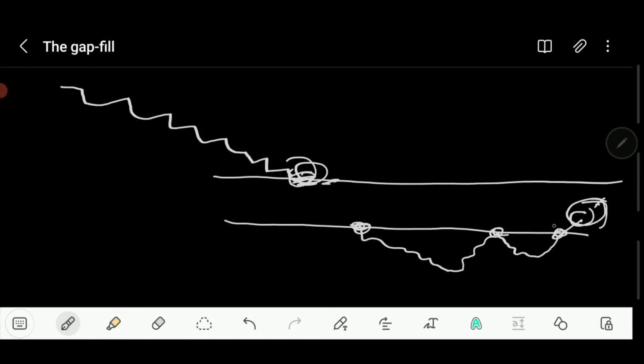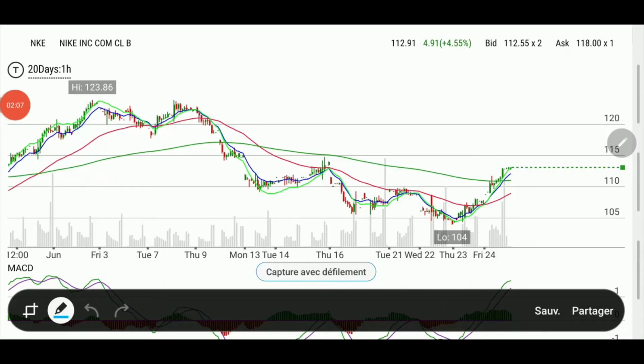When a situation like this presents itself, when you look at charts, you'll see that this gap will tend to get filled. And this is what we saw last week on Nike, and I'll show you in a second. Now, Nike saw very bad news lately. I'm not going to get into that, but downgrades and other news, people saying it was too expensive, along with the rest of the market.